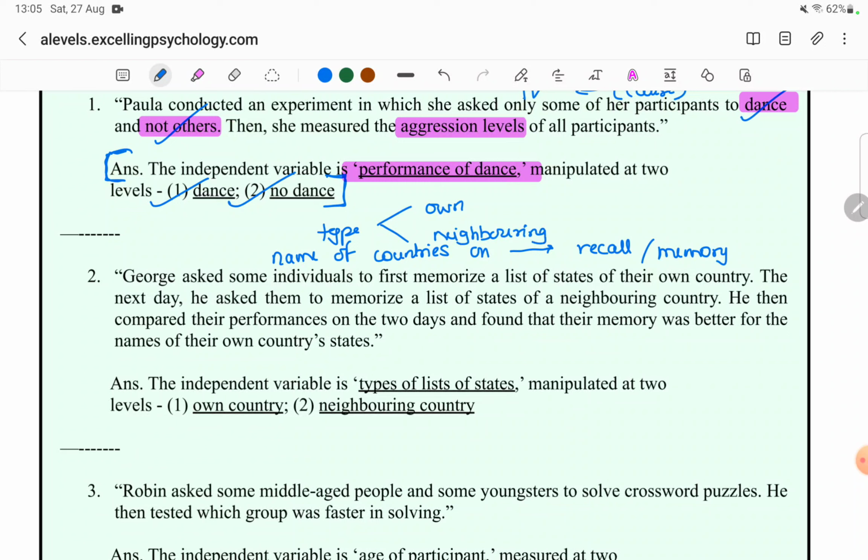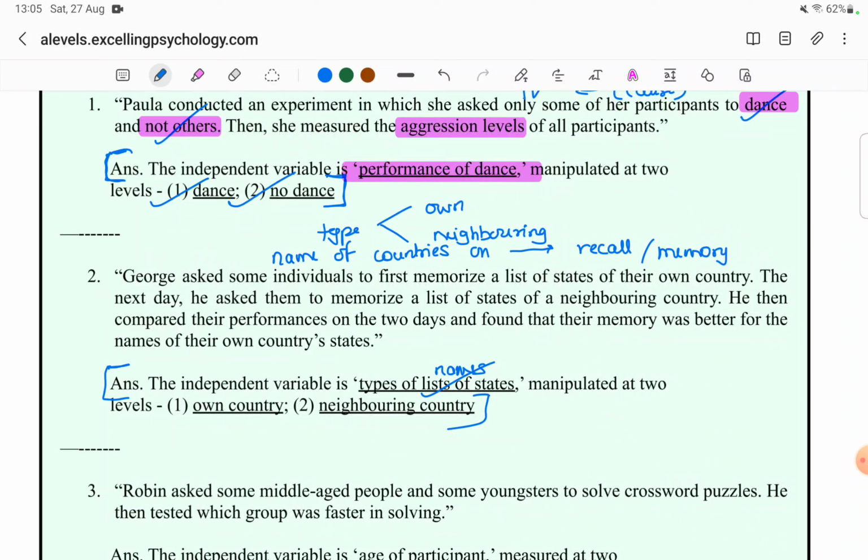Right? So keeping all these answers to our guideline, steps of the guideline that we have seen, we see how the answer has been written. Okay, we see that the independent variable is types of lists of states. We could say types of names of states as well. Don't get too worried about what you're calling the independent variable as long as you're correct in what you're calling it.